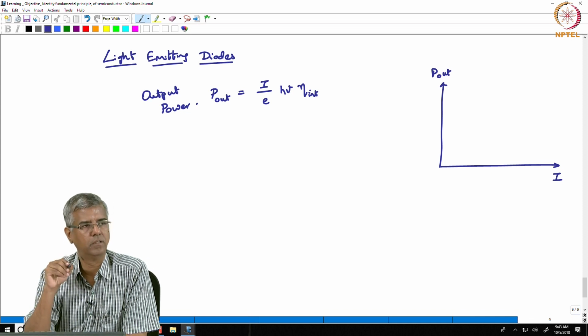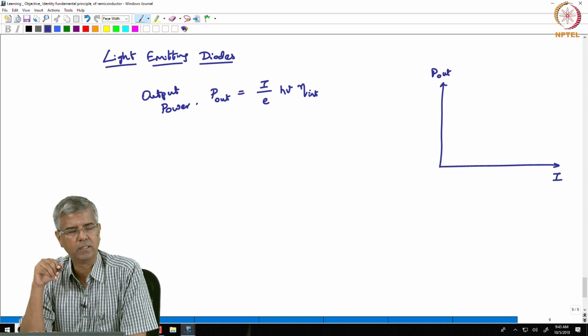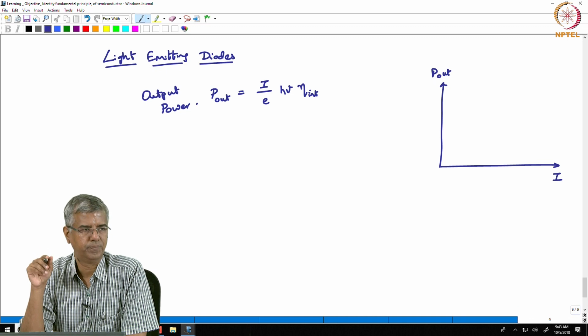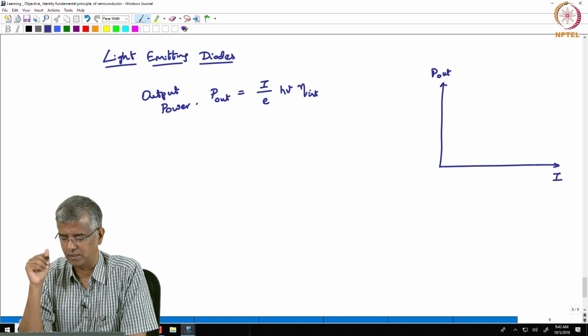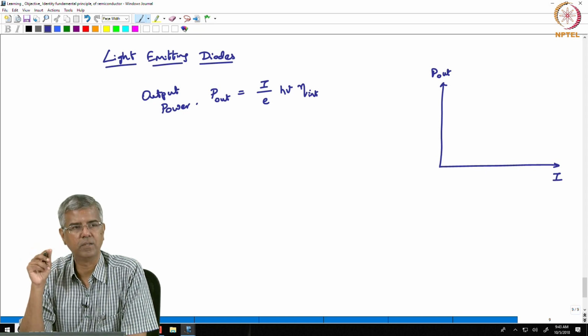eta int. So what does this eta int signify? Not every electron hole pair is going to give you a photon, right. Somebody was asking yesterday what are the chances of non-radiative recombination.